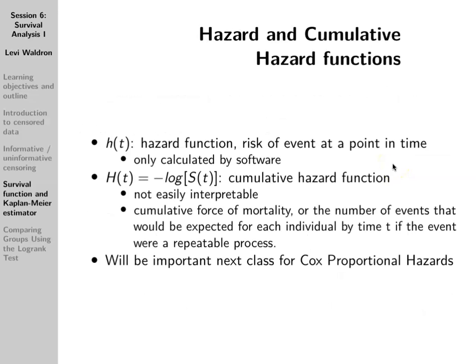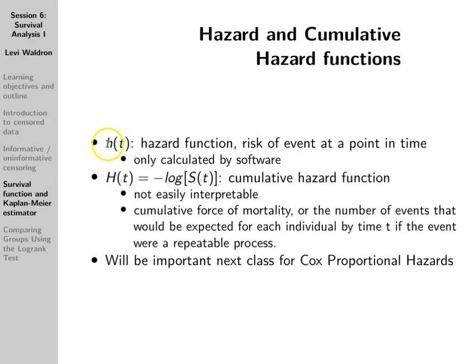Now the hazard functions are less intuitive and a little bit hard to visualize, but they are important because they're going to form the basis for proportional hazards analysis, which we will get into in the next session.